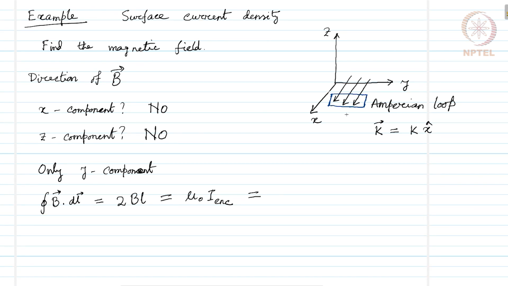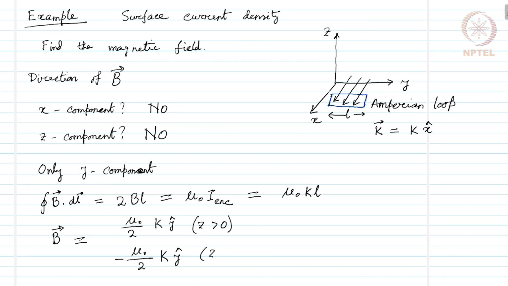Current enclosed would be, if we consider L as the length of this Amperian loop, then the Amperian loop will enclose a current of K times L. So, we will have the expression for magnetic field as mu naught over 2 K y cap if z is greater than 0, that is above this current carrying plane, and it would be minus mu naught over 2 K y cap when z is less than 0, that is below this current carrying plane. This is what we obtain for this kind of a situation.